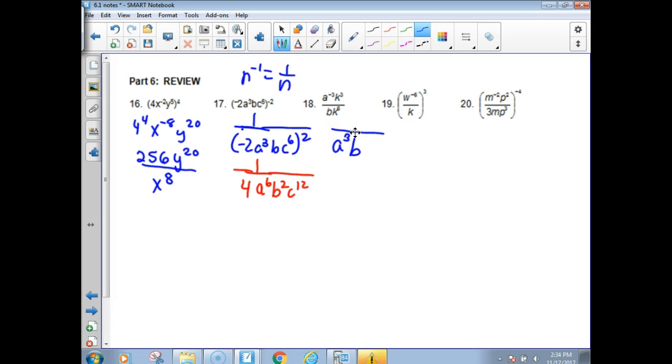Going to hang out with a to the third. And then, uh-oh, how many k's will we have left if we reduce it down? 1. Wait. Okay, the rule, guys, is to subtract the exponents. So that would be a negative 3, but you're going to leave it down there and it'd be k to the positive third. But wait a minute, what happened up here?